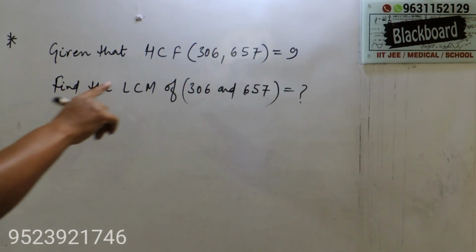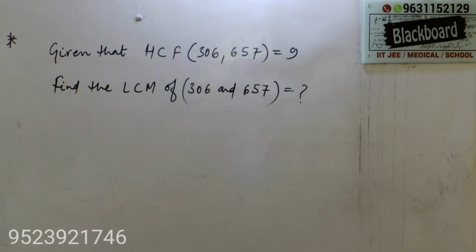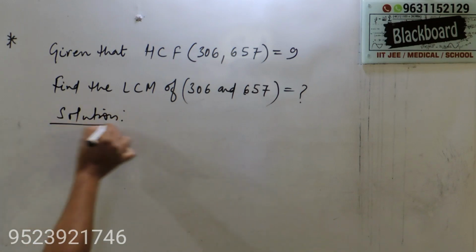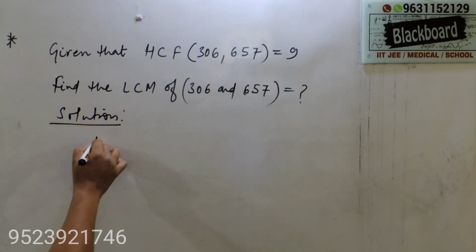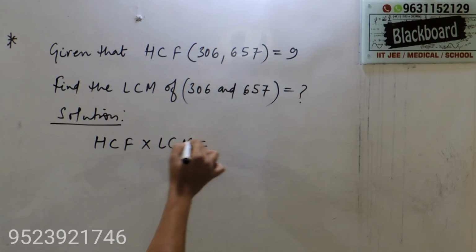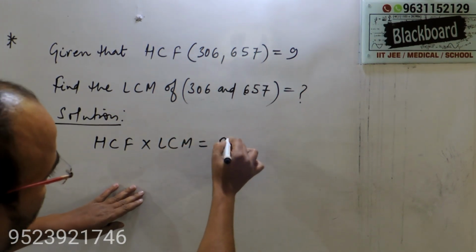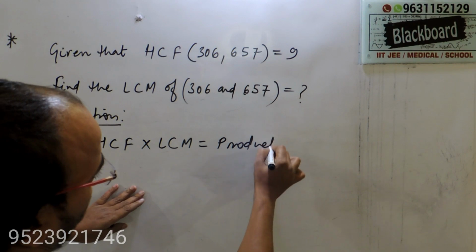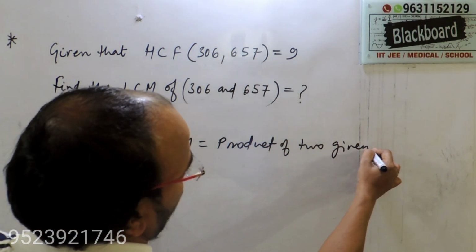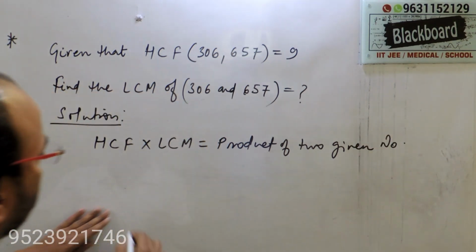If the question is given that HCF of 306 and 657 is 9, find the LCM of 306 and 657. So here we are going to solve. Let us see. HCF into LCM is equal to product of two given numbers.